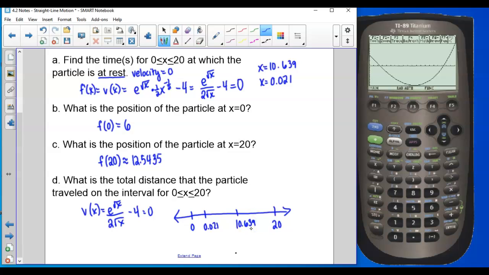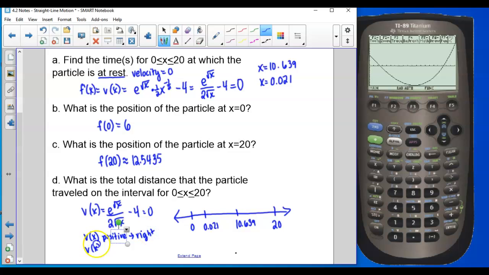And so if we think about what's happening for this derivative, if v of x is positive, that means that we were going to the right.